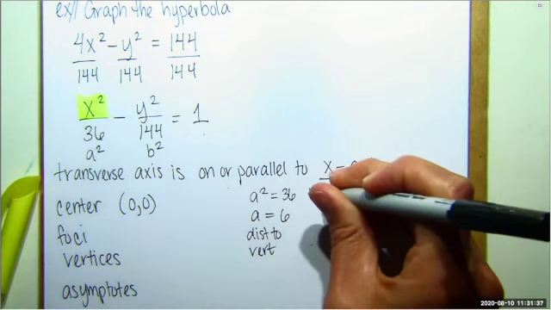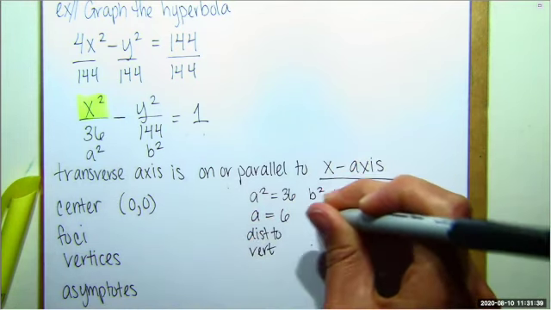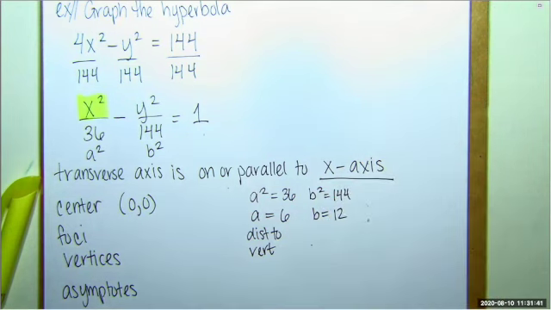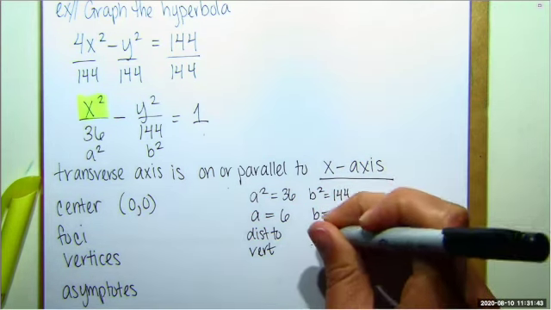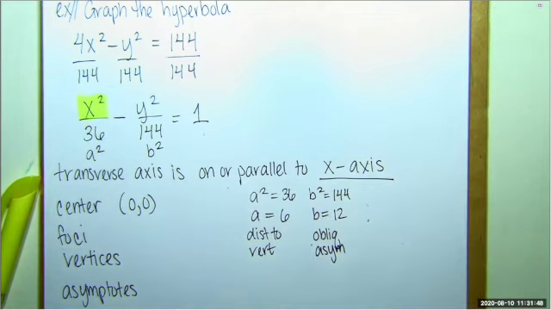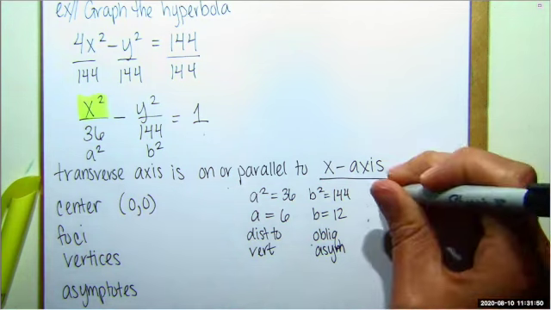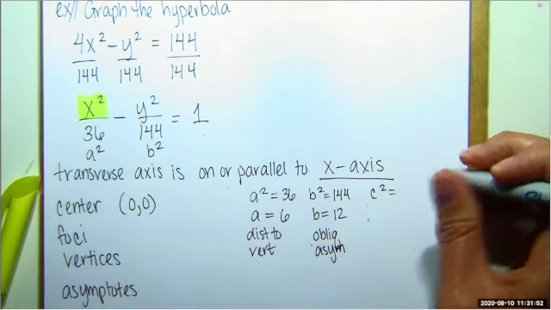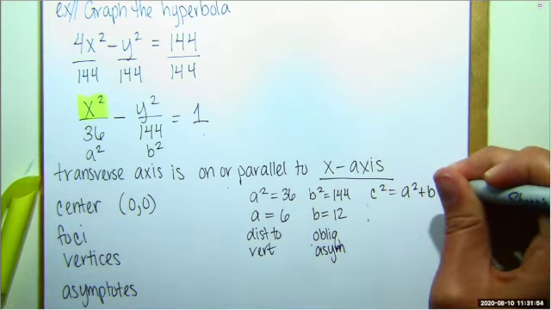We have that b squared is 144, so b is 12. We are going to need this to come up with our oblique asymptotes. We have that c squared is equal to a squared plus b squared.